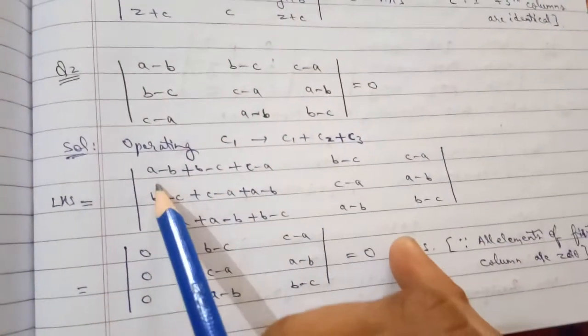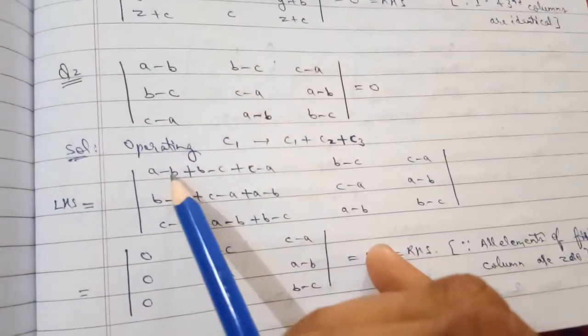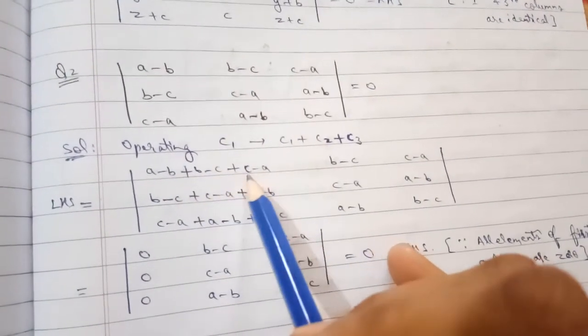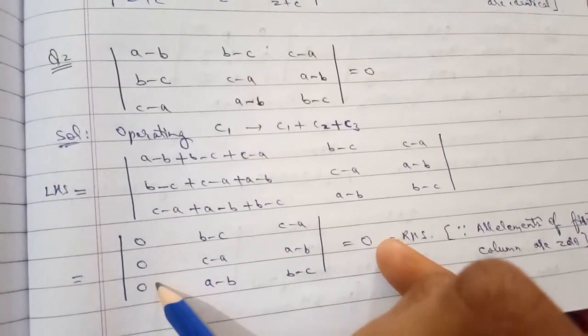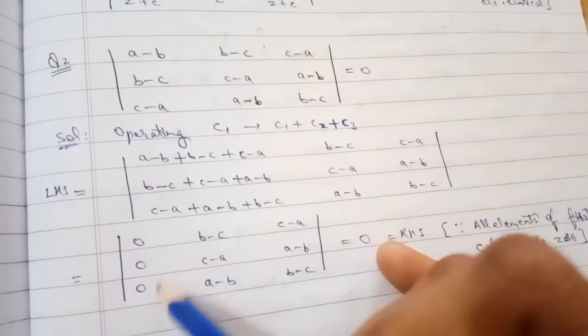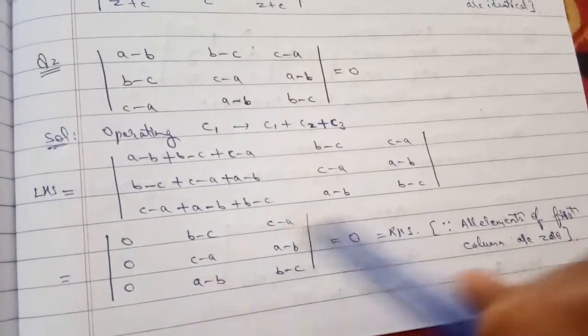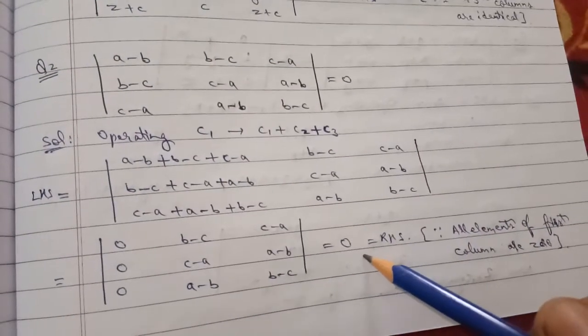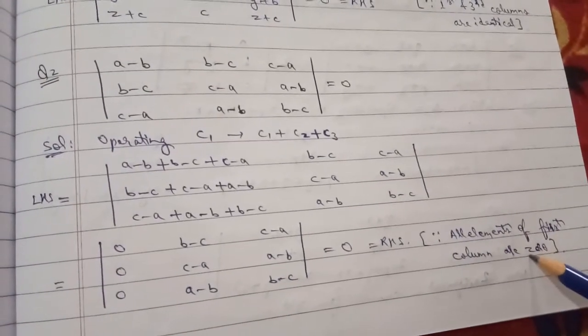If we solve this, A minus A cancels, minus B cancels, minus C cancels. So we get 0 in the first term, and also 0 in the next terms. All the elements of the first column are 0, so the entire determinant's value is also 0.